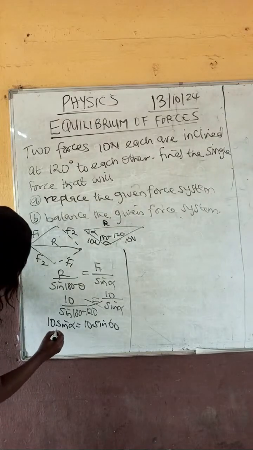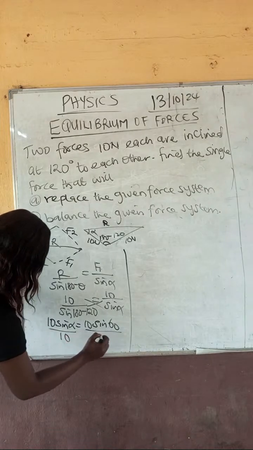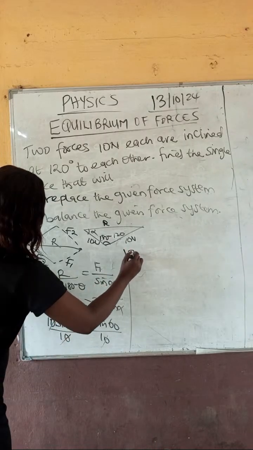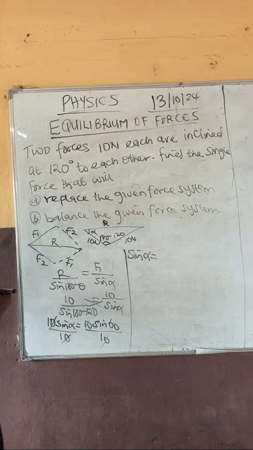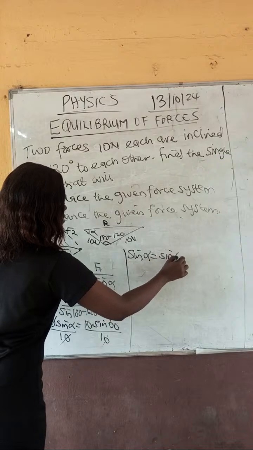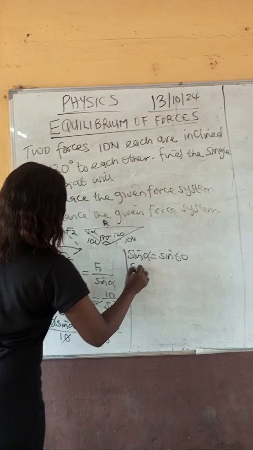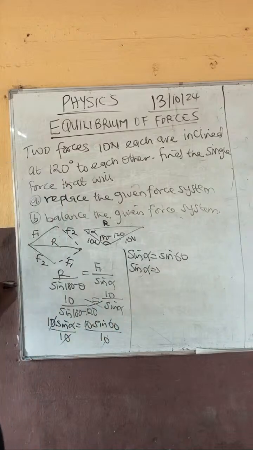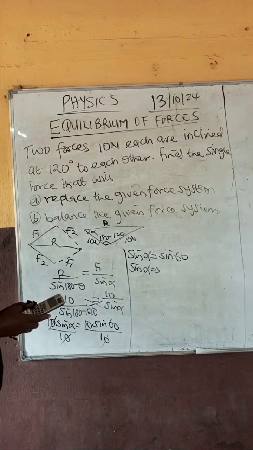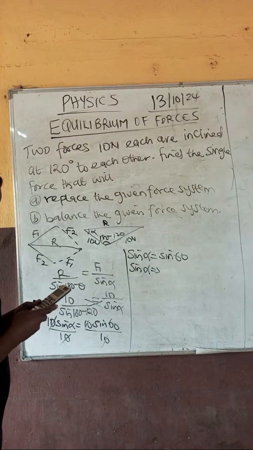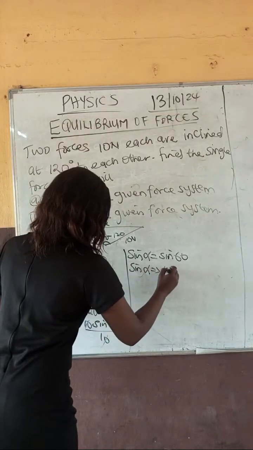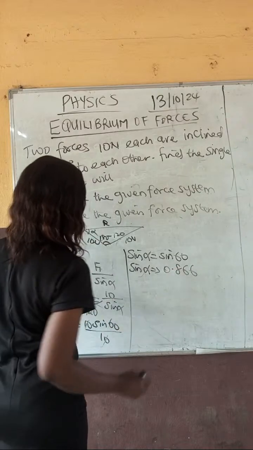Beautiful. So what do I do next? I'm going to divide both sides by 10. Now this cancels this, so I have sine alpha is equal to sine 60. What is sine 60? Sine 60 is equal to 0.866.